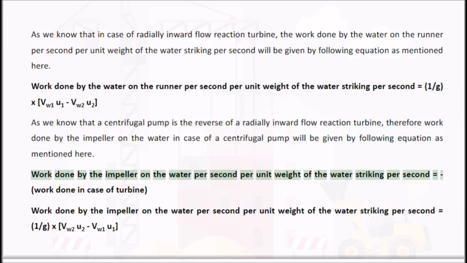Work done by the impeller on the water per second per unit weight of the water striking per second equals work done in case of turbine, which equals 1/g x [V_W2 U2 - V_W1 U1].